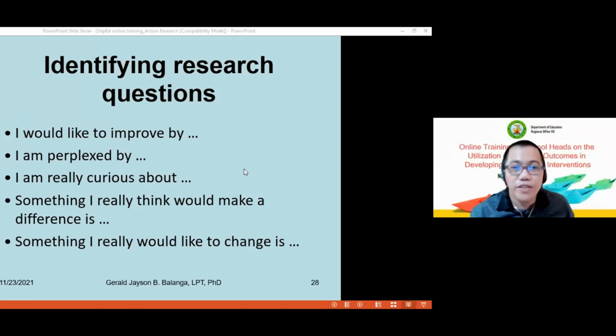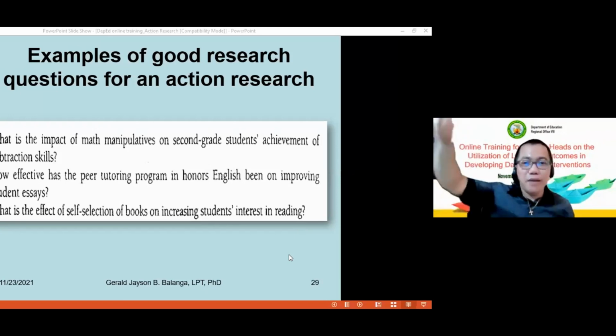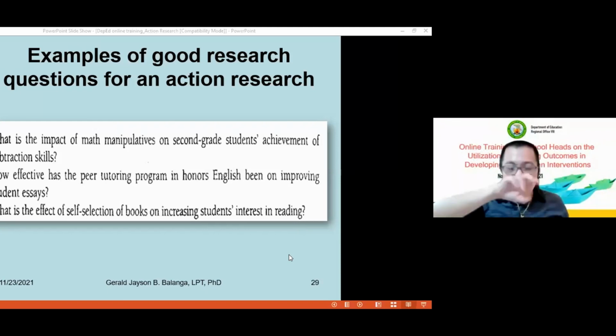Now, in terms of research questions, these are examples of research questions. Although hindi to related doon sa use of reciprocal teaching, these are different. Hindi pala ito lahat about one particular title. Number one is, what is the impact of math manipulatives on second grade students' achievement of subtraction skills?